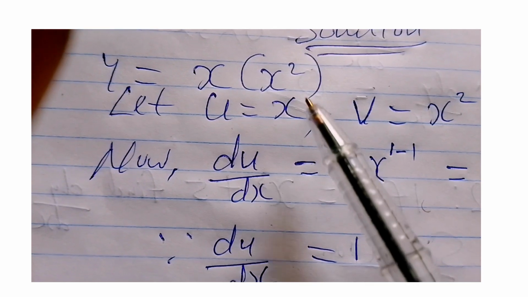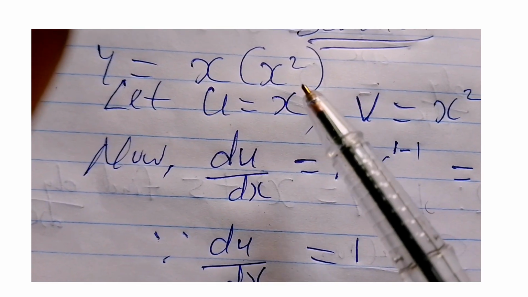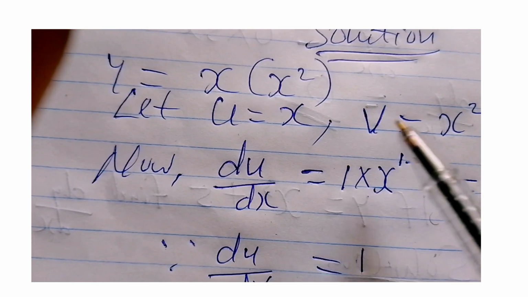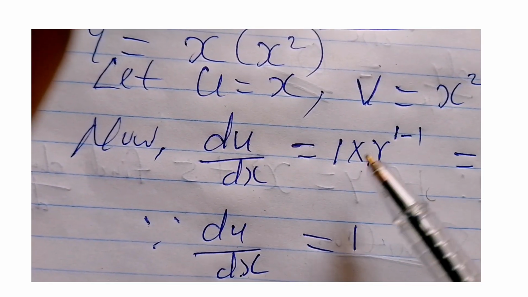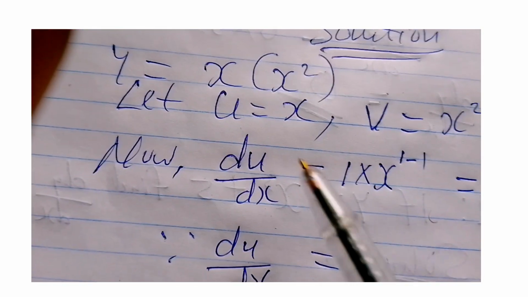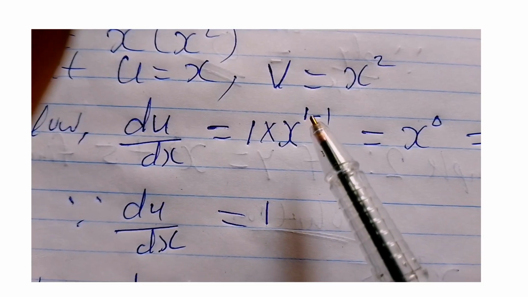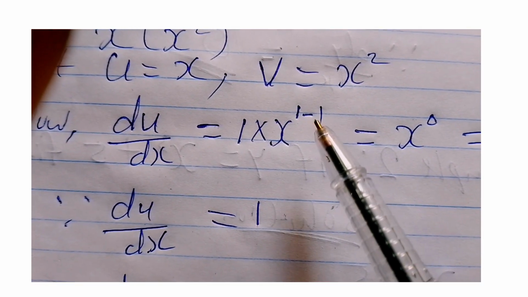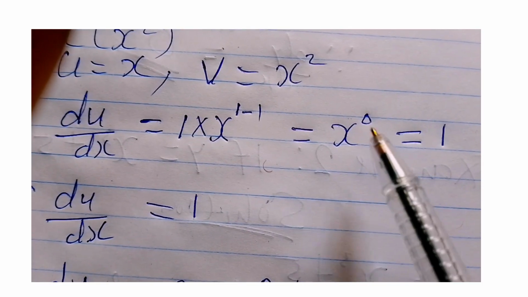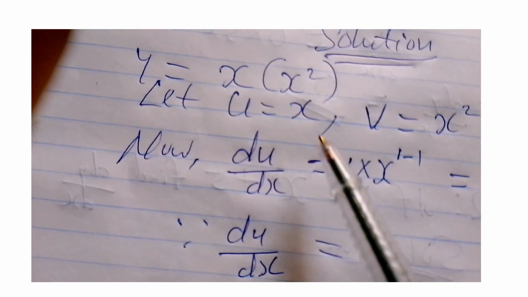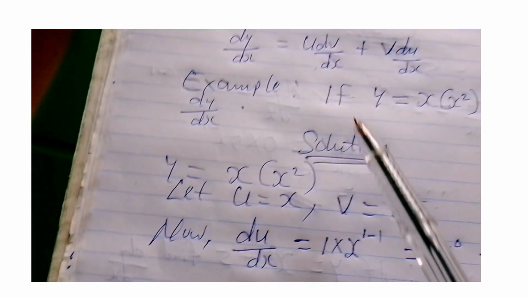So we have 1 multiplied by x to the power of 1 minus 1. 1 minus 1 gives us 0, and based on the law of indices, anything raised to the power of 0 is 1. That's why when we derive u with respect to x, we get 1. We have already gotten our parameter du over dx.